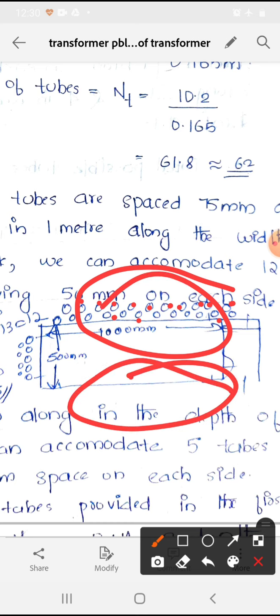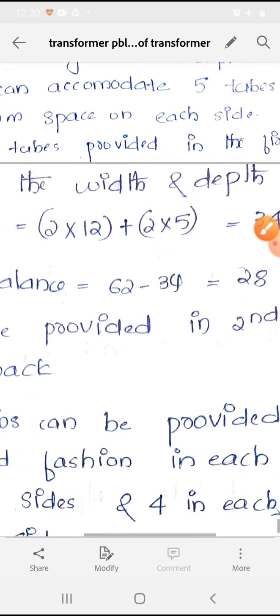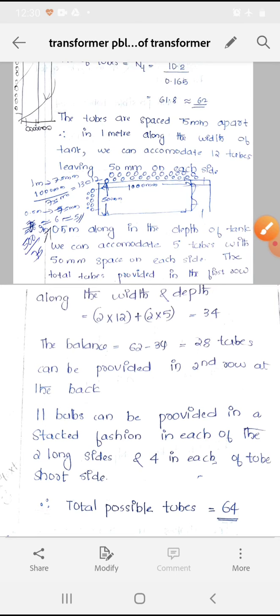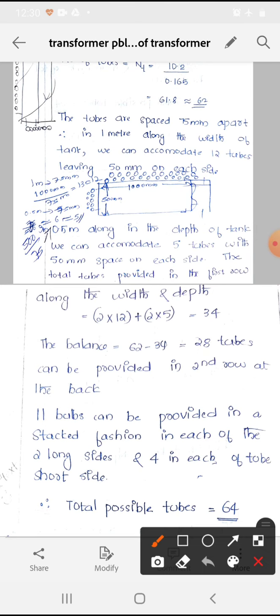And here 1 2 3 4 5 6 7 8 9, that is 18 tubes here. So finally, we got 64 tubes placed. So the total possible number of tubes is 64. This is how we need to do this problem.